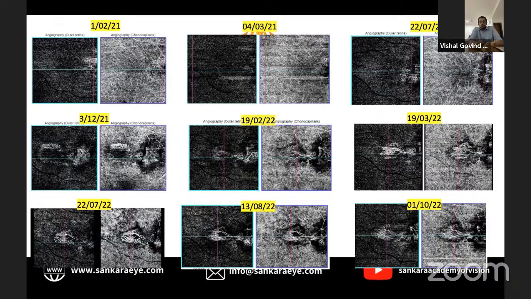Vishal, your thoughts on that? I hardly use focal laser, like Dr. Sharath just said, and I don't have access to TTT, so I think my opinion is not going to be a fair one. But having said that, one thing from my limited experience is that focal laser can induce CNVMs quite notoriously.